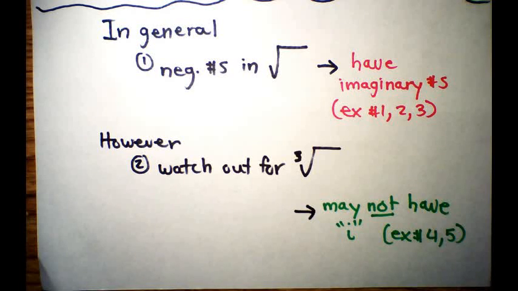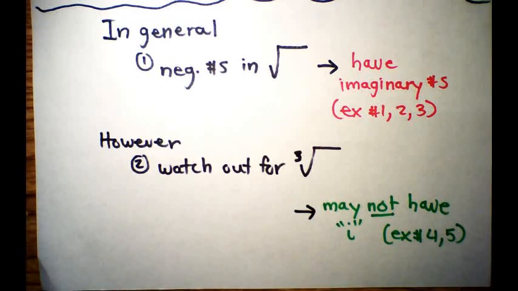To wrap up the lesson on imaginary numbers in general, whenever you have, number 1, negative numbers in square roots like this, or in this simple radical over here, you will most likely have imaginary numbers. So please go back to examples numbers 1, 2, and 3 on that.